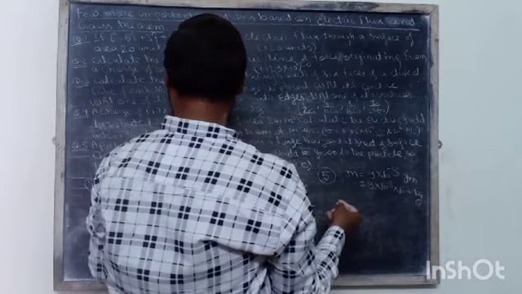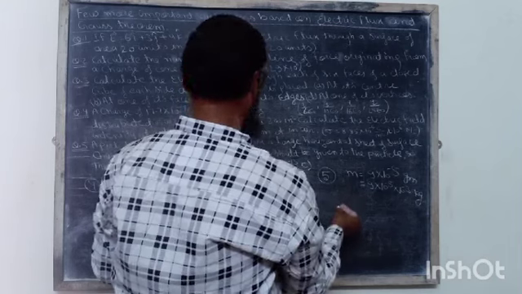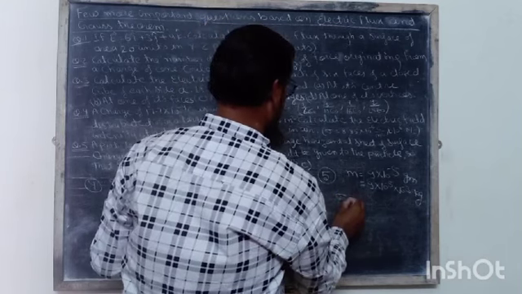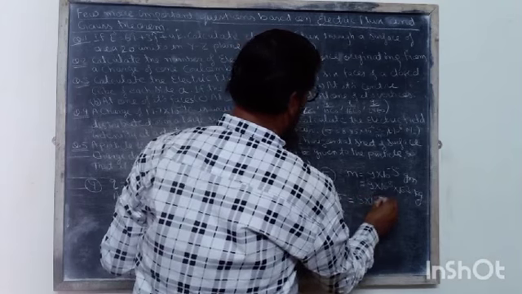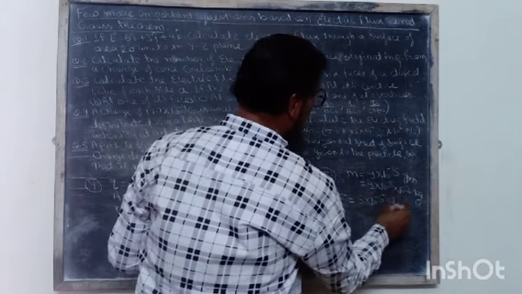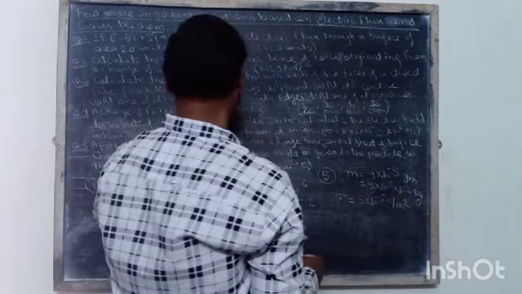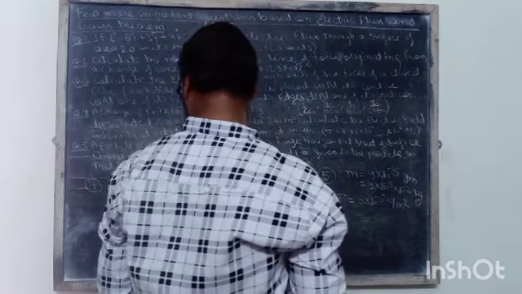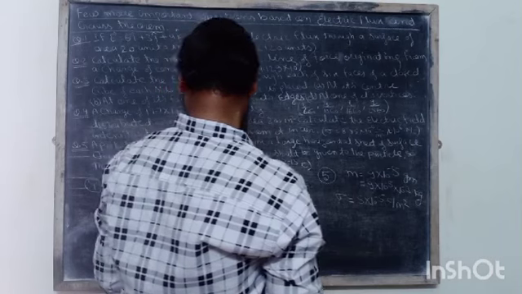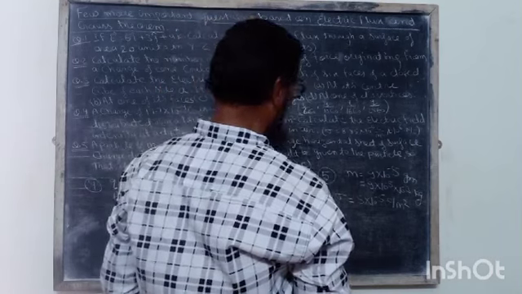A charge density sigma of 5 into 10 raised to the power minus 5 coulomb per meter square. What charge should be given to the particle so that when released it does not fall?